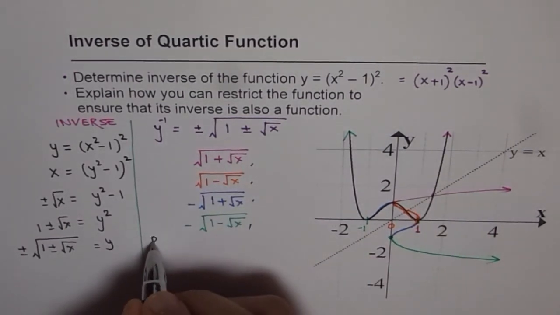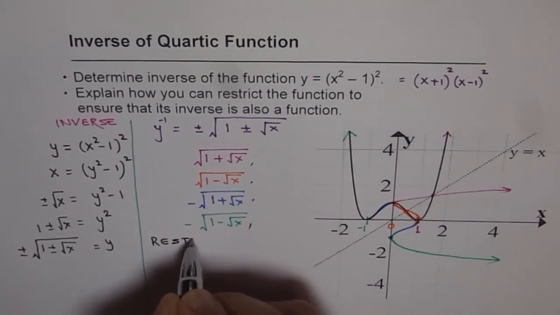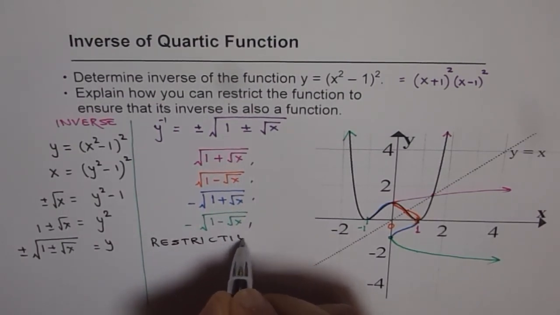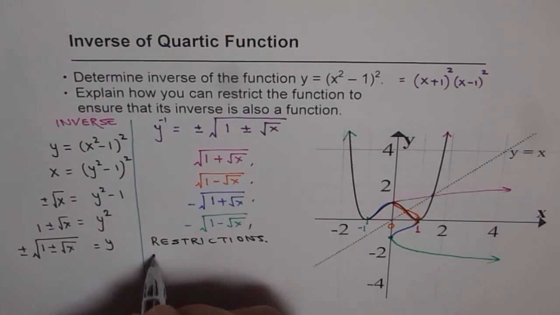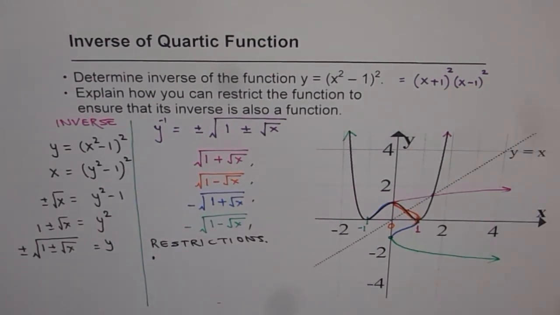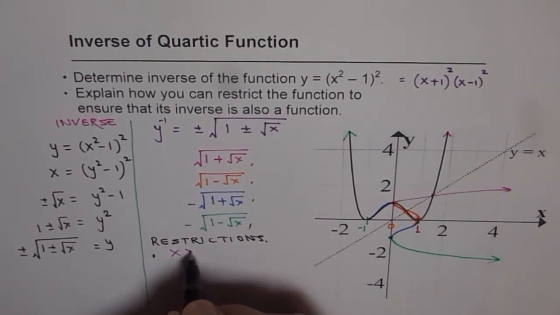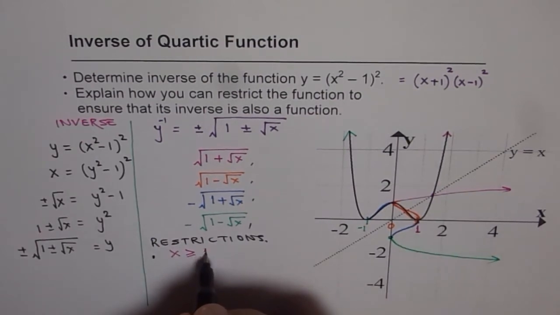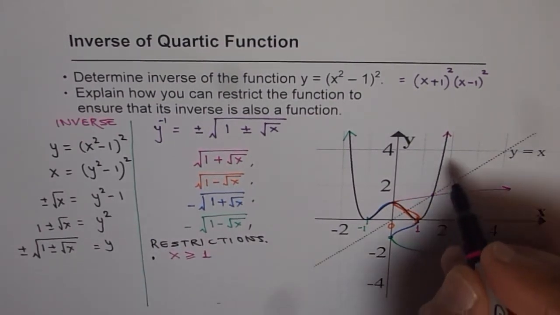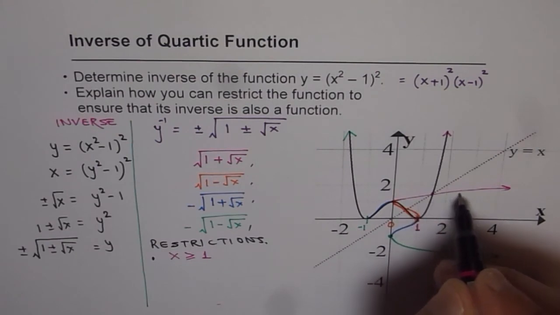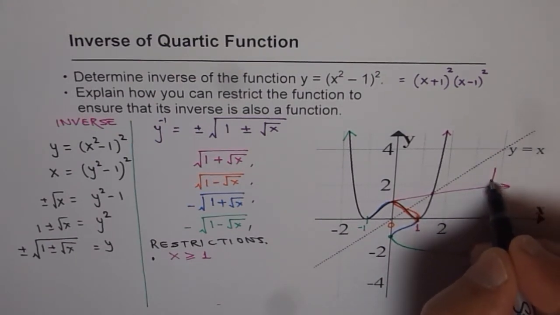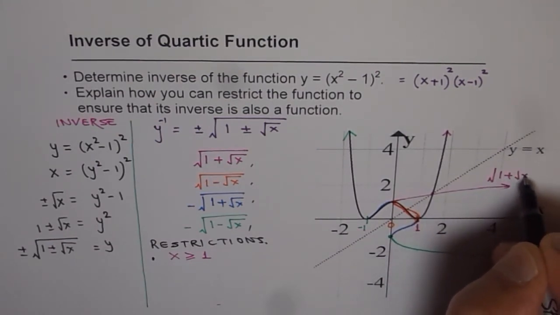So our restrictions could be like this. So one of the options is that we restrict our domain to x greater than or equal to 1, right? So that is what we get. In that case, we get this part of the graph, right? So this is 1 plus square root of x.